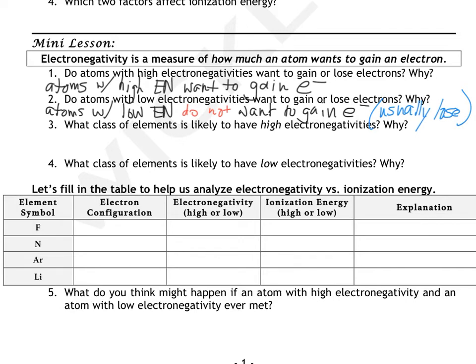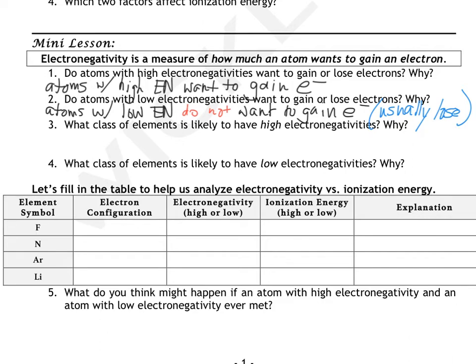And it's not only just because they're really close to having 8. The other thing that's really important is that those atoms usually have very small atomic radii because they're on the right-hand side of the periodic table. So being on the right-hand side of the table makes your atom really small.